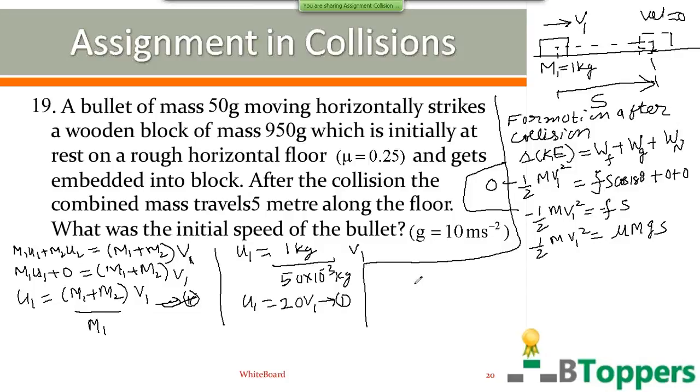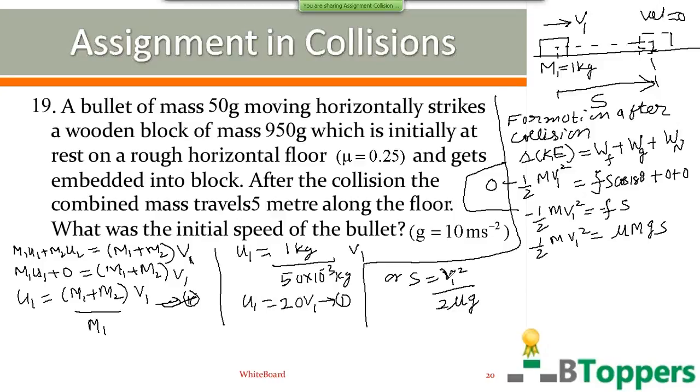Therefore, you can write the same result. You can as well use this result directly, if you remember one of the results I discussed in one of the special cases in the friction chapter. As I told you, if a block starts moving with some initial velocity u along a rough horizontal floor, then the distance the block travels along the rough horizontal floor before it stops, during retarded motion under the action of 3 forces, weight mg, normal reaction, friction, is given by u square by 2 mu g.